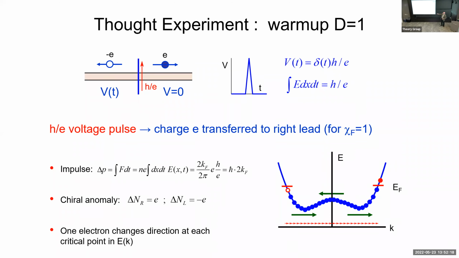Another way you can see this is that this voltage pulse is very similar to the argument that Laughlin introduced to explain the quantization of the quantized Hall effect. So there, what he imagined is threading an h over e flux through a hole, and if you imagine putting this into a circle and threading an h over e flux, then this is precisely what you do.